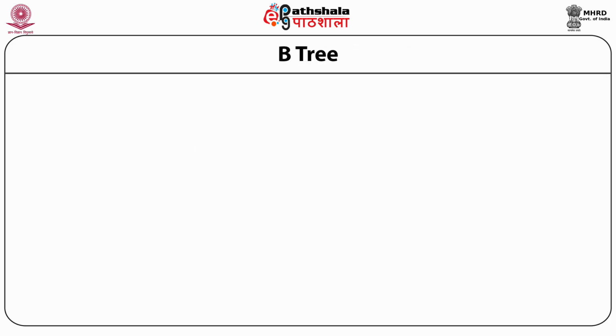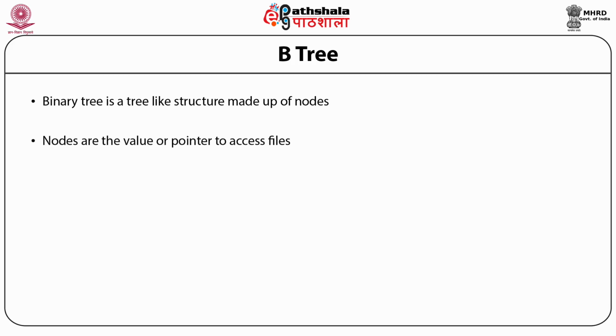B tree, commonly called binary tree, is basically a tree-like structure made up of nodes. These nodes are actually the values or the pointers to access the files. Each node is connected with two or more child nodes, that means each node can have several children.